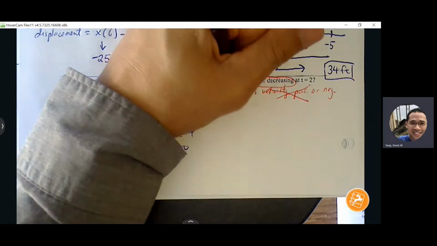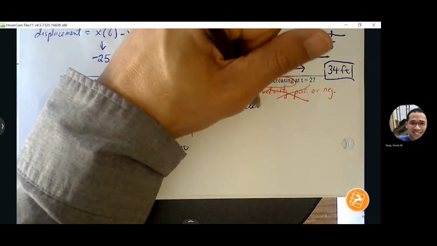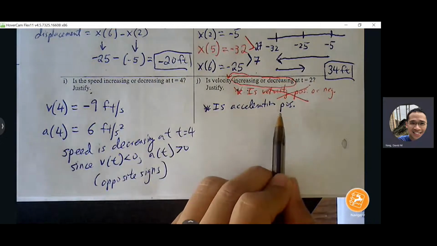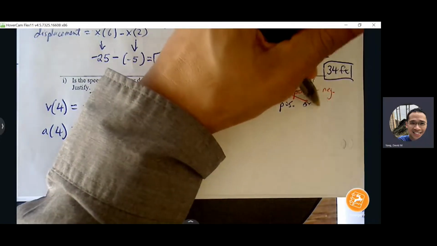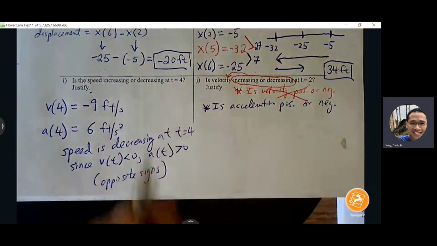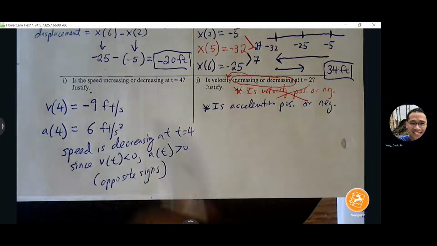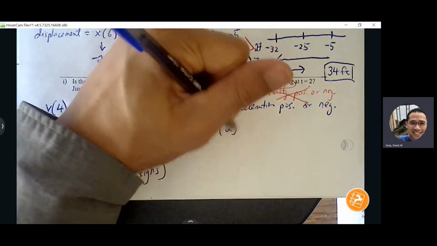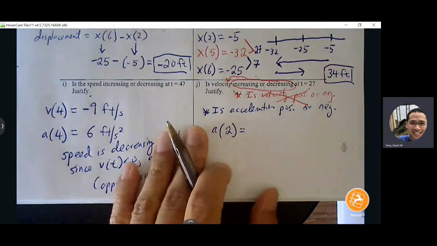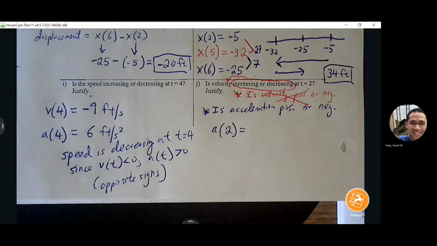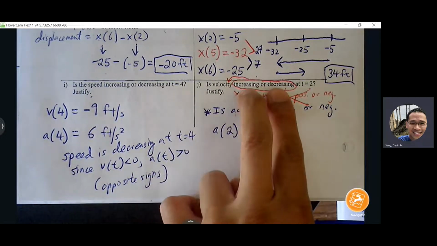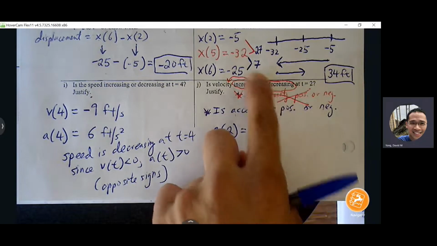So in other words, this is asking, is acceleration positive, which would be velocity increasing, or negative, which would be velocity decreasing. So let's find the acceleration at 2 and make the determination that way. We know it's acceleration because we see the word increase or decrease of velocity.